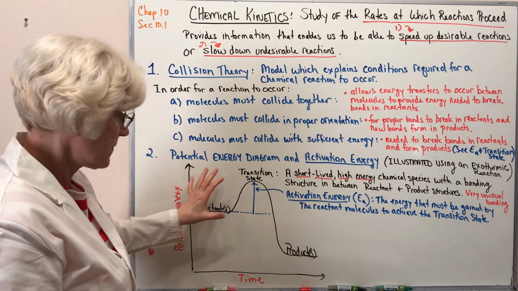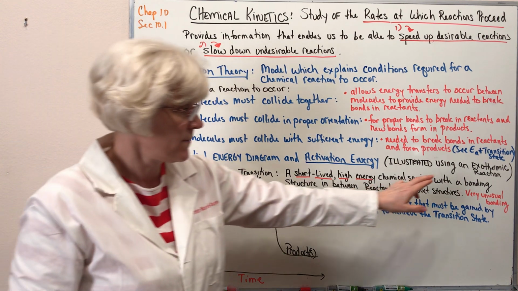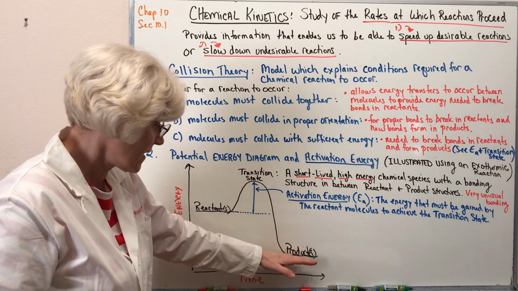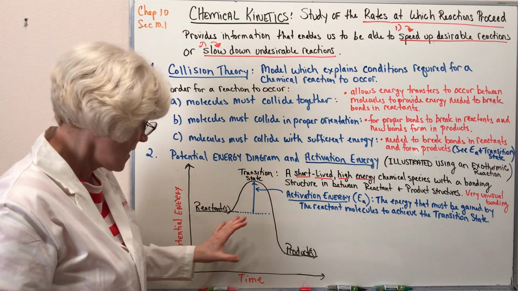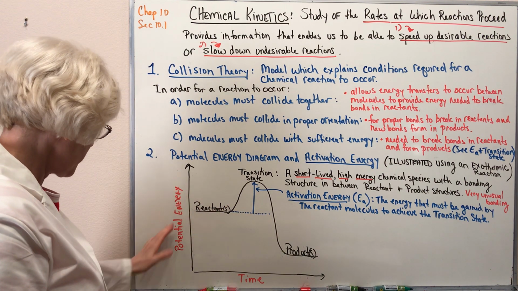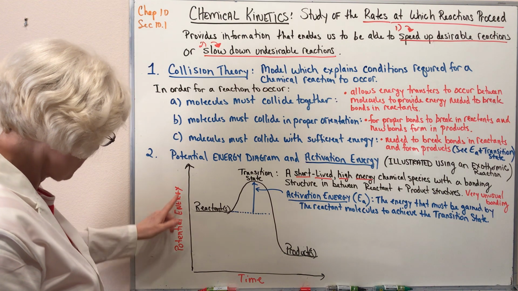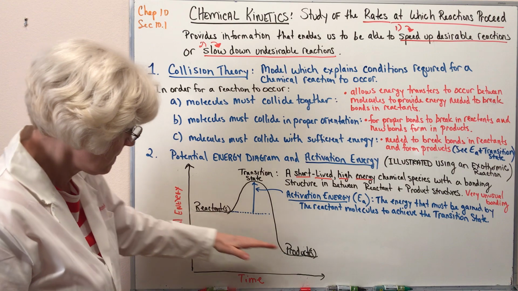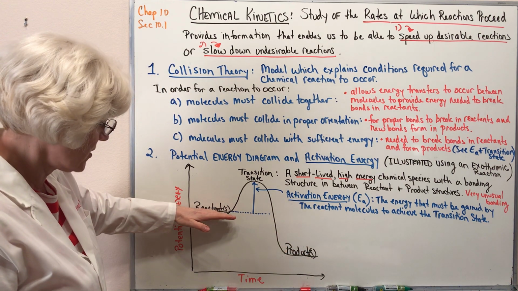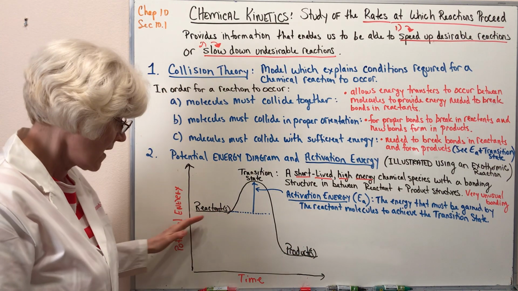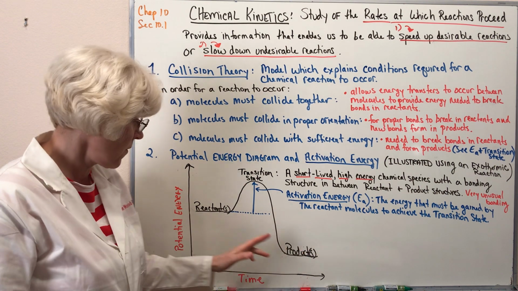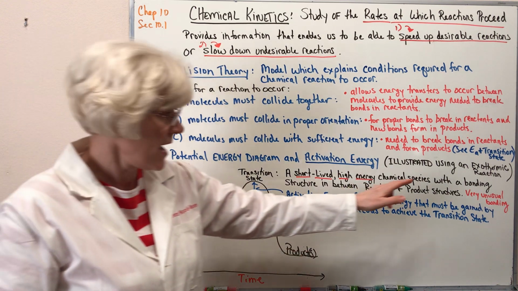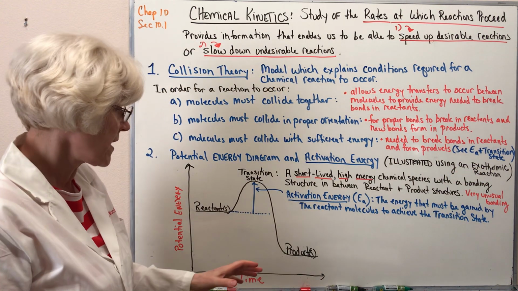And this diagram is a potential energy diagram for an exothermic reaction, which we can immediately recognize as exothermic because on this graph, with potential energy shown on the y-axis and time on the x-axis, we see that the products are at a lower energy state than the reactants. So as this reaction proceeds forward, the reactants are losing energy to make products, and that is an exothermic reaction.